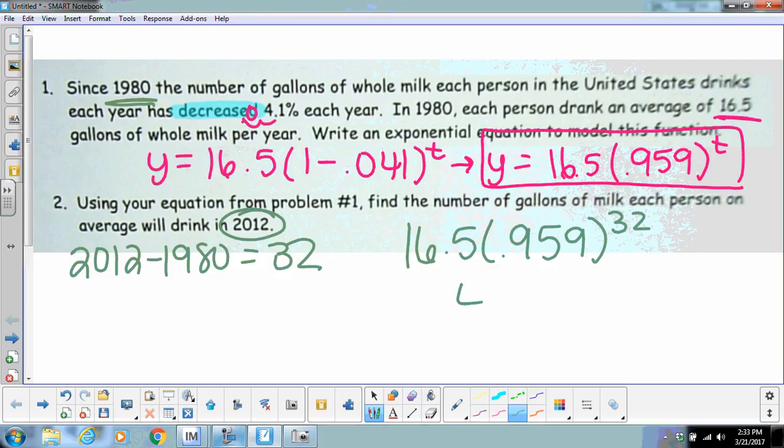And that's going to give me a final answer of 4.32. Remember, 2 decimal places unless I tell you differently, or if we're talking about people or some living organism.